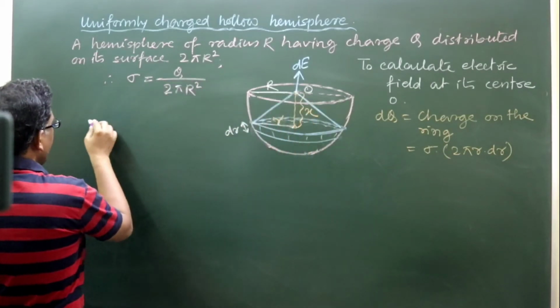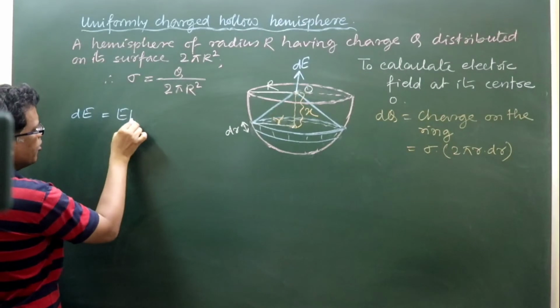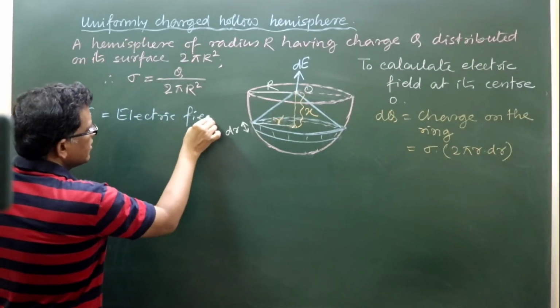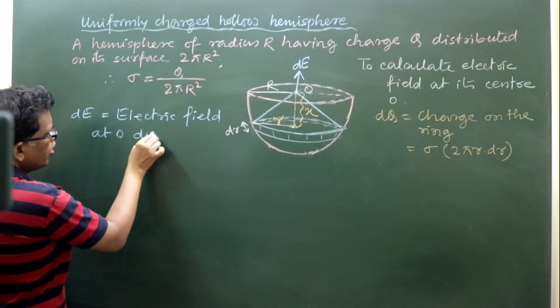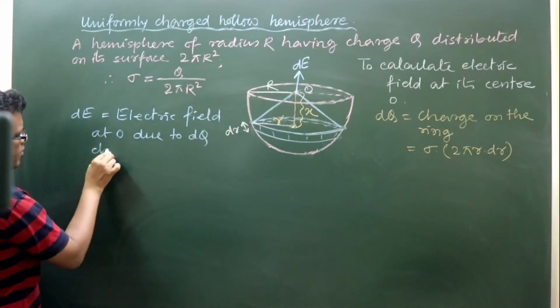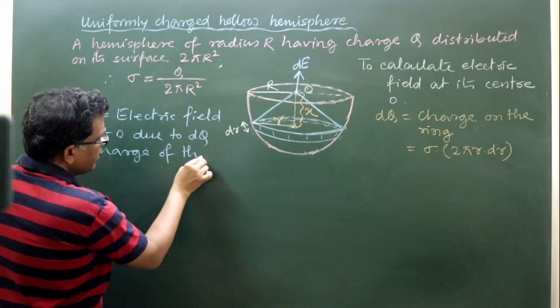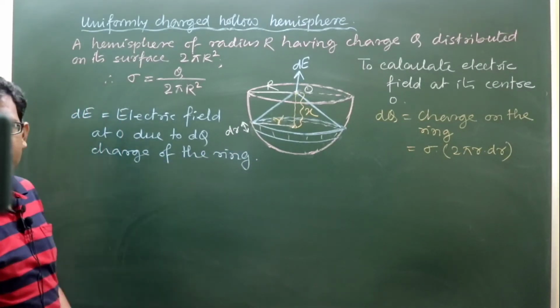So this dE will be the electric field at O due to dq charge of the ring.